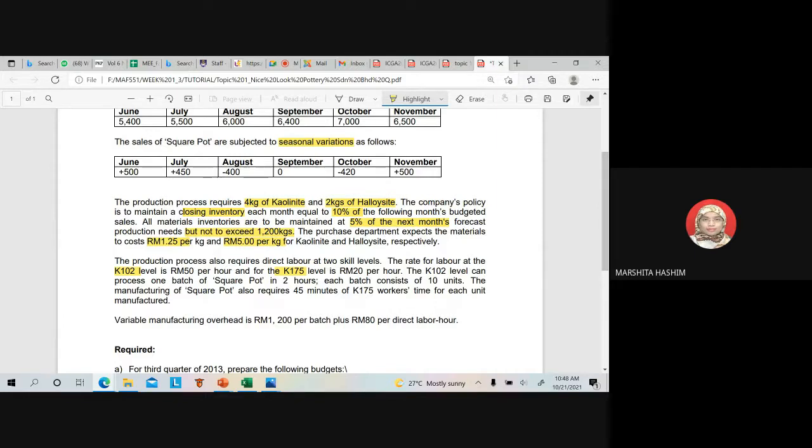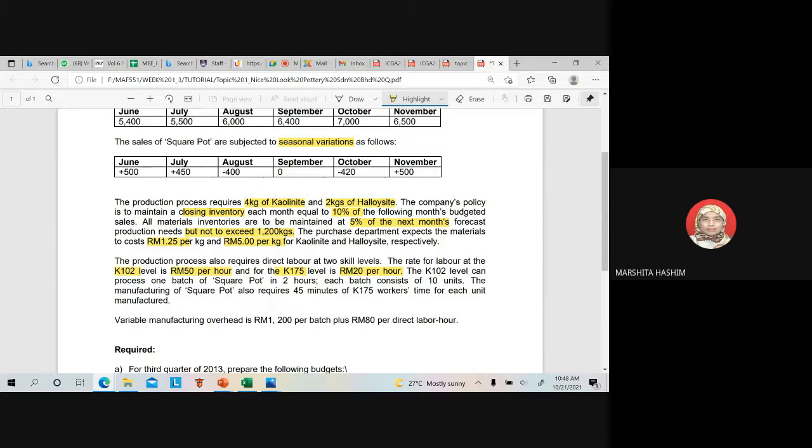However, you label your labor as K102 and K175. K102 you pay 50 ringgit per hour, whereas K175 you pay 20 ringgit per hour.